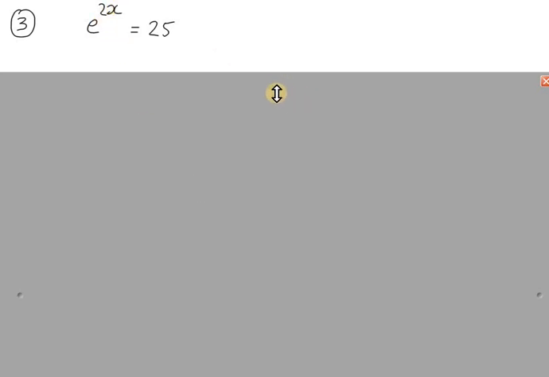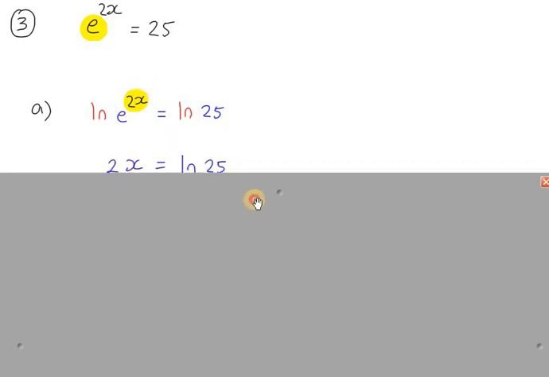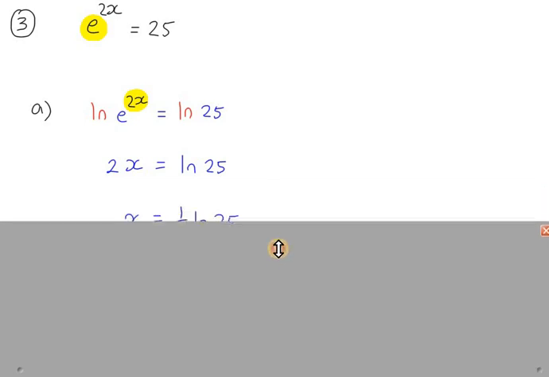To work out x, take logs on each side, but because the base is e, we should take natural logs on each side. So write the word ln once on each side. On the left hand side, the input here, 2x, goes into the exponential function. Whatever comes out goes into the log function. These are inverses, so we have 2x on the left, simplified. Then we divide by 2, or multiply by a half, on each side.